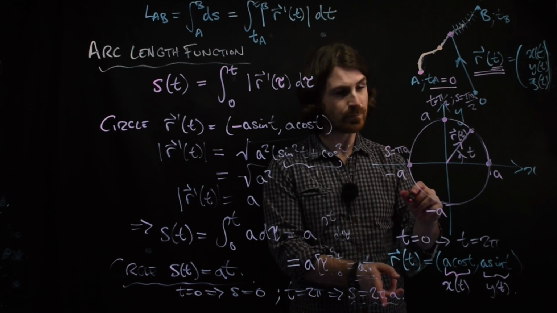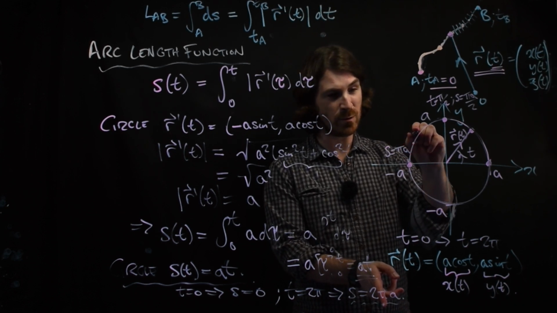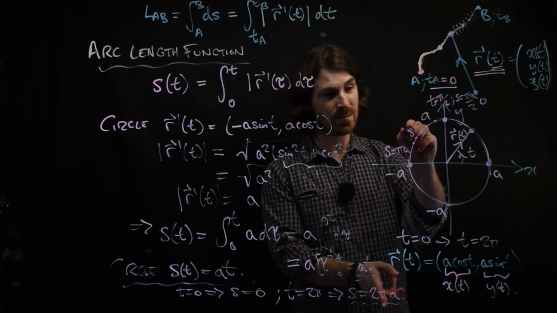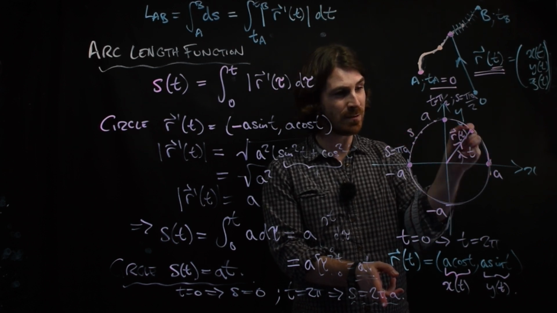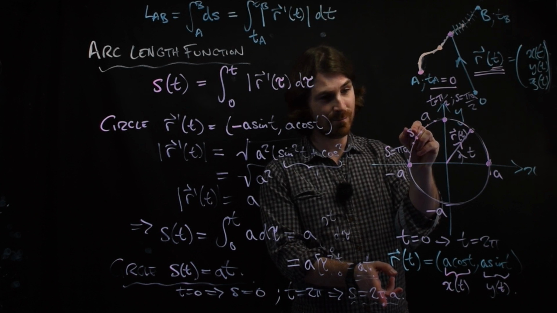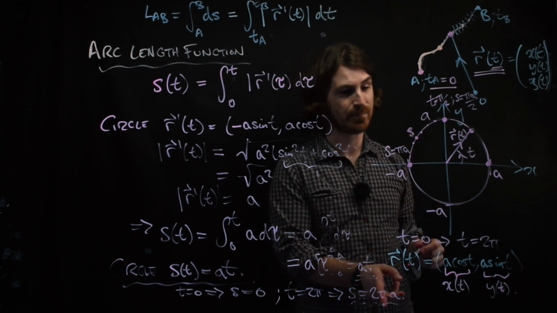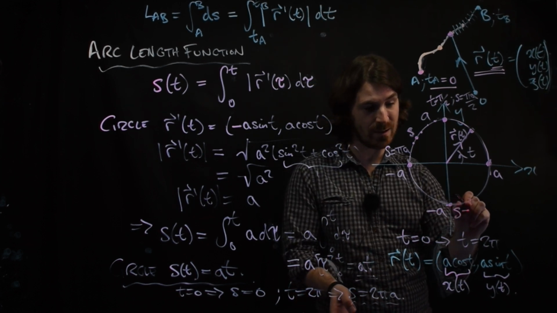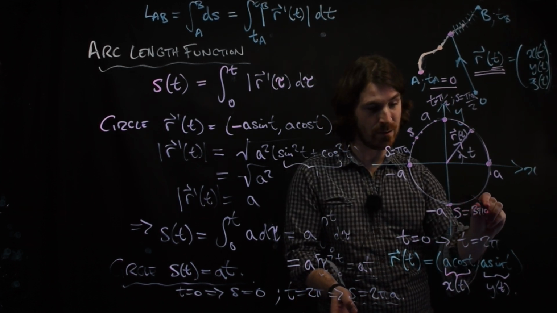Okay, and every point in between can just be defined by the value of s, that is the length from this point to the point of interest. Okay, so this point here can be defined by s equals 3 pi a over 4.